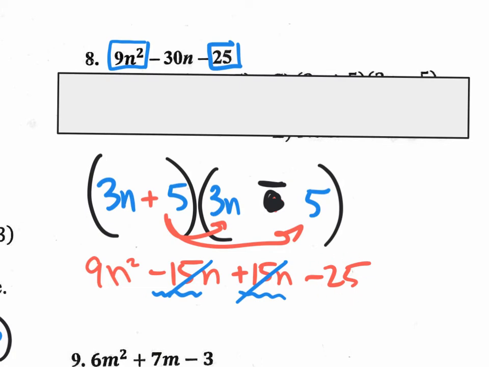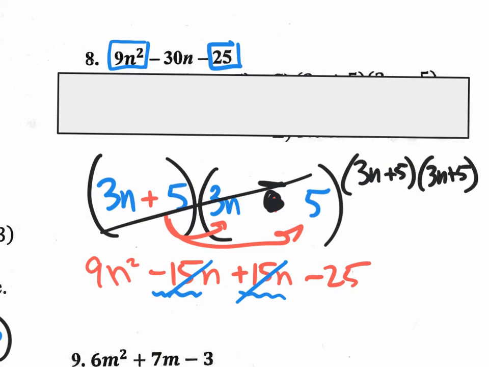Okay? So what do we say about this since it doesn't work? This did not work. And it doesn't matter if you switch up the signs. Like if you put 3n plus 5 times 3n plus 5, that will not give you a negative 25 at the end. That'll not give you a negative 30 in the middle, right?